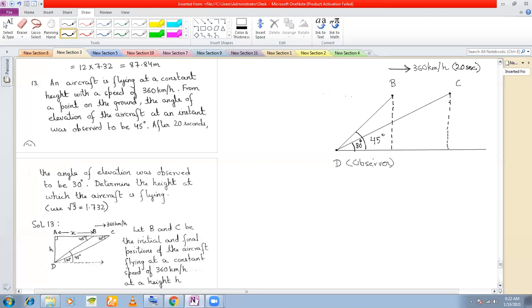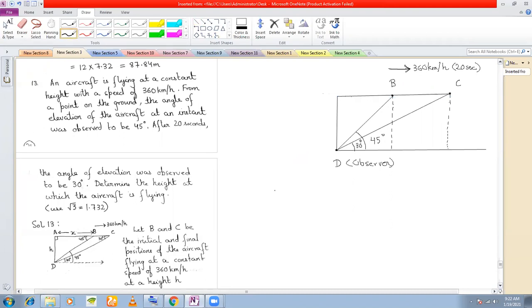or this perpendicular distance here, right? So now, in order to complete the triangle, instead of taking the dotted lines, you take a perpendicular distance here, and you join this. This becomes your horizontal. Now our diagram is complete.